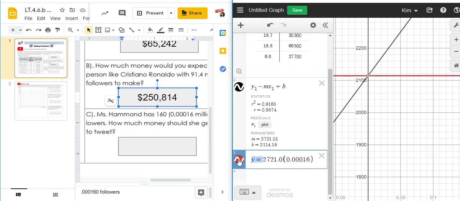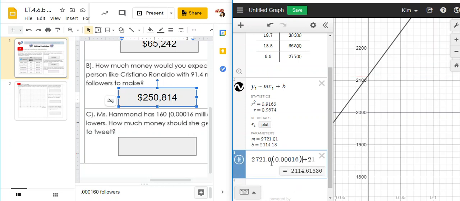And then I'm actually going to delete this Y equals. And you can see that once we do our calculation, so our slope times our X plus Y intercept means I actually should get paid about $2,115 for every tweet. I guess I should change my job.